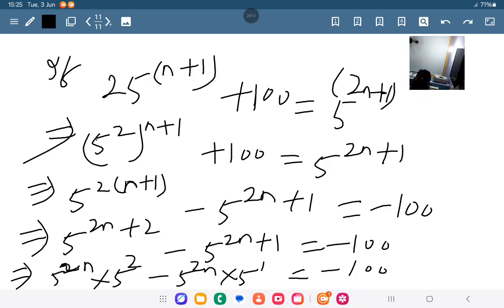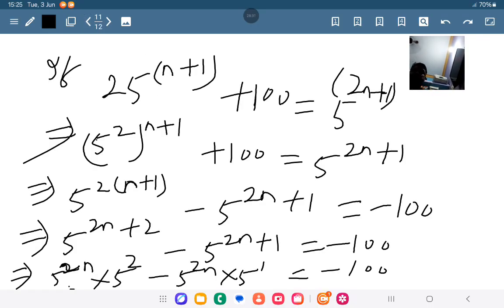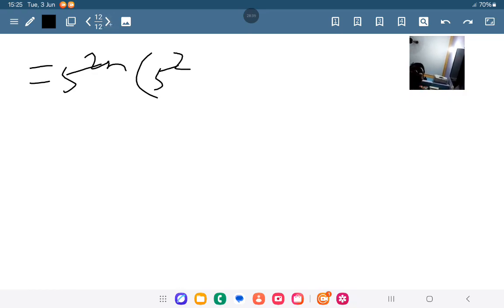Clear? 5 to the power 2n plus 2, that is 5 to the power 2n into 5 to the power 2. Here 5 to the power 2n will be common in both the terms, taking 5 to the power 2n common. So here it is 5 to the power 2 minus 5 to the power 1 equal to minus 100.